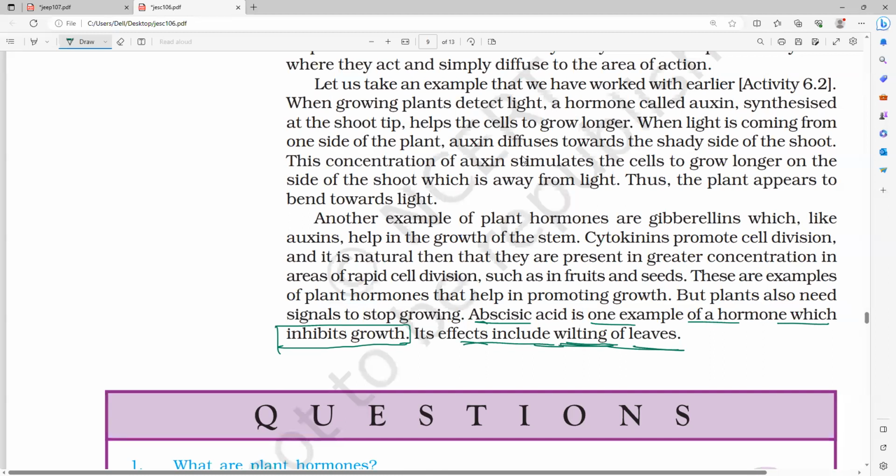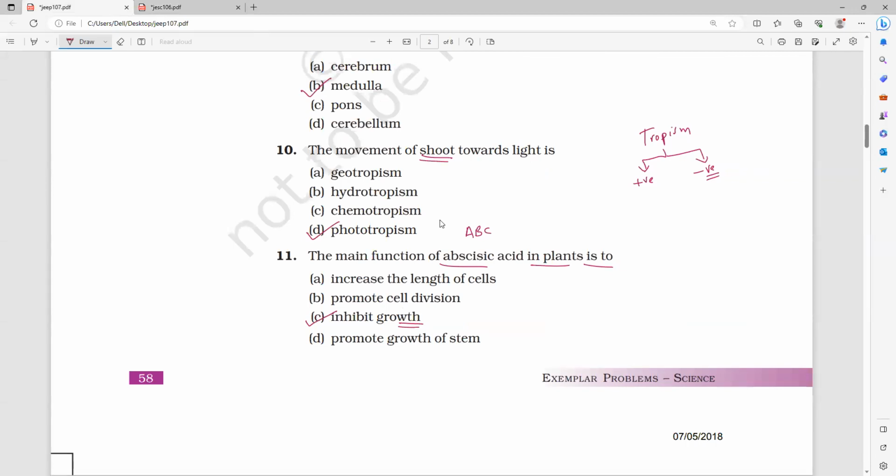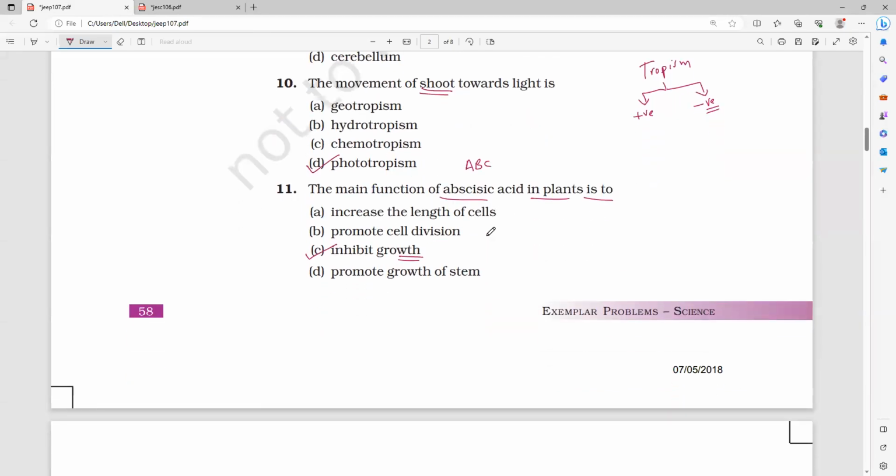Yes, falling of leaves, making them old and dropping from the plant. So abscisic acid, ABA acid: what does it do? It inhibits the growth of a plant. So please remember that. Write it. Any doubt? Anybody can ask me.